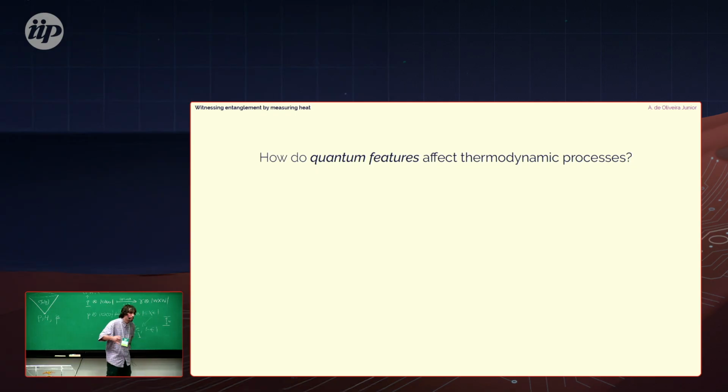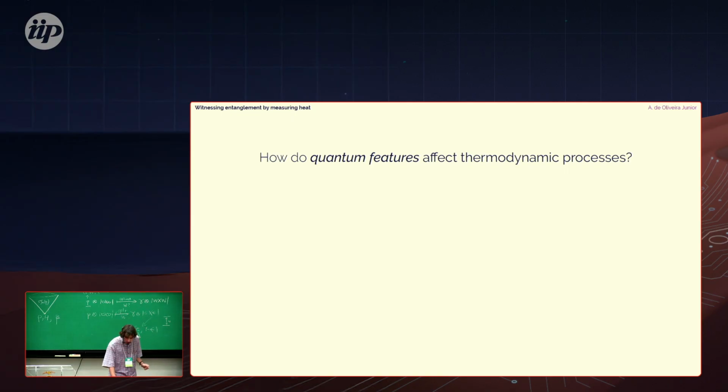There are many papers which show that entanglement can give you a boost for a quantum heat engine, and entanglement will have signatures for phase transitions and so on and so forth. But those are very tailored for specific models. So the idea again is the following. You give me some unknown state and some arbitrary thermodynamic process. Can I probe the presence of quantum correlations just by looking at the quantities which are accessible to you?